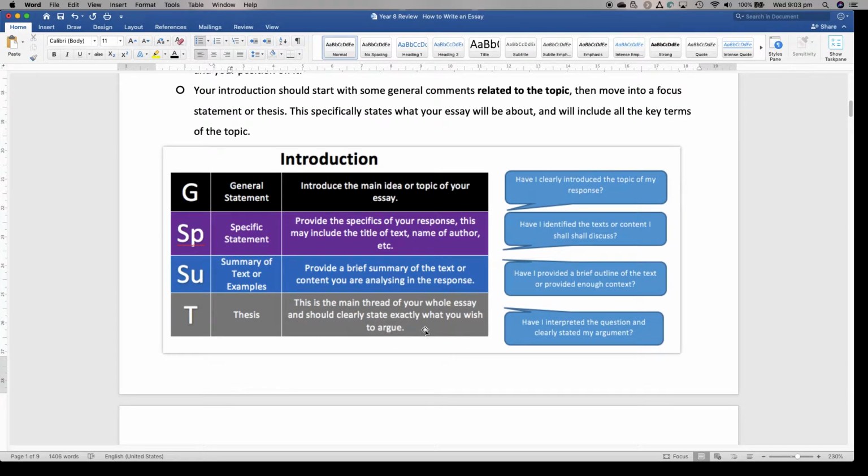And we'll spend a little bit of time talking about this. But this really is your one sentence answer to the question. So if you want to think about an easy way to write your thesis statement, you might consider answering the question, what is it that I'm actually going to argue in my whole essay? And what your answer is should become your thesis.